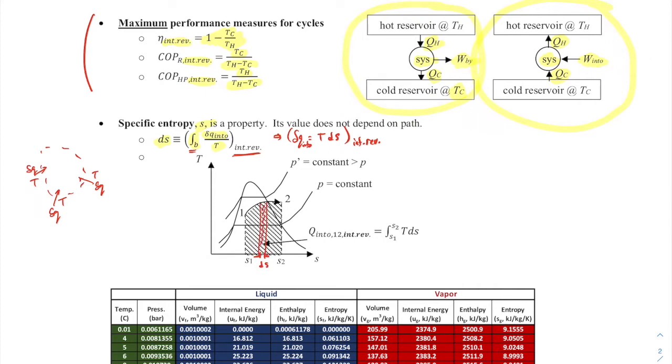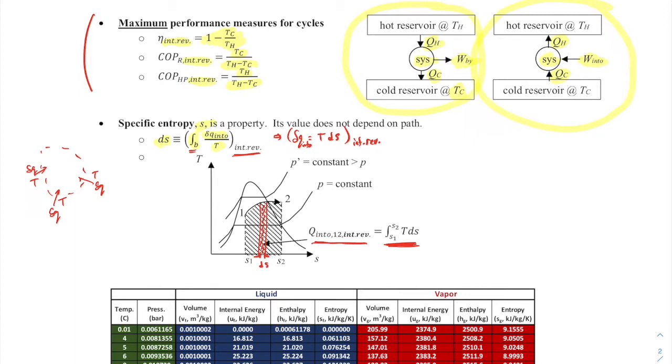And then when you integrate over the whole path from state 1 to state 2, you get the total heat going into your system for an internally reversible process. If it has some irreversibility to it, then it will be different than what we have here.